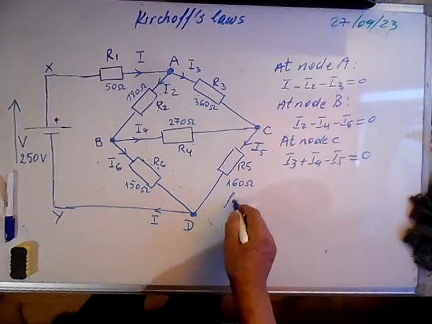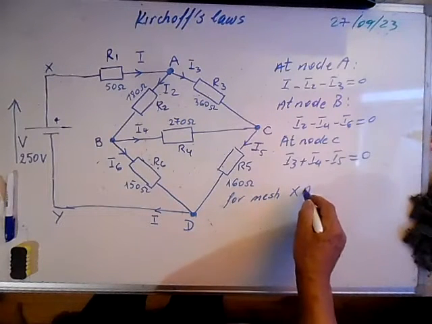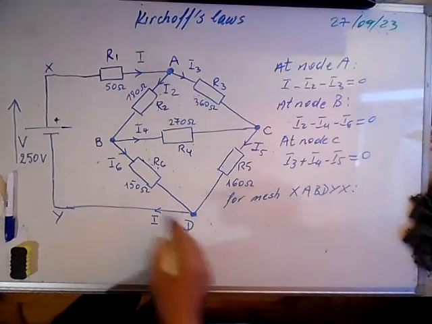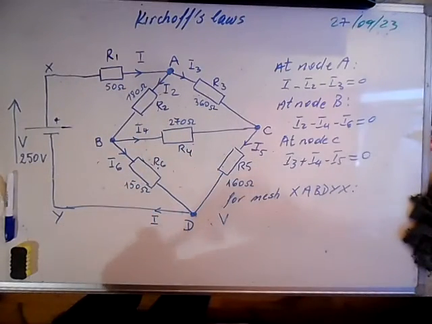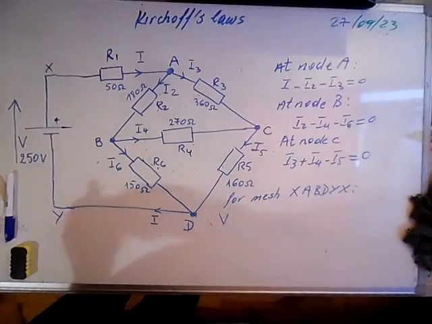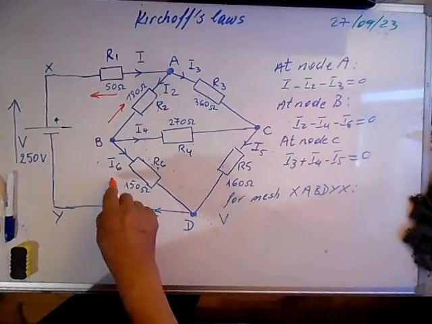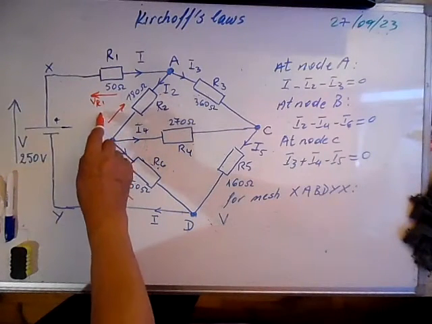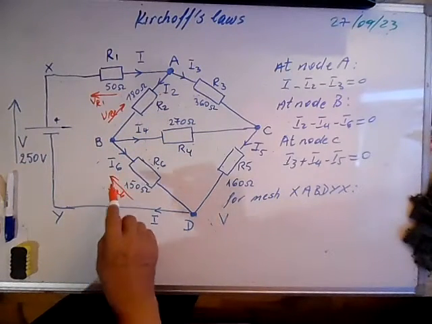If we have chosen the direction of the current, it means that the voltage drops on these resistors are this way. So VR1, VR2, VR6.